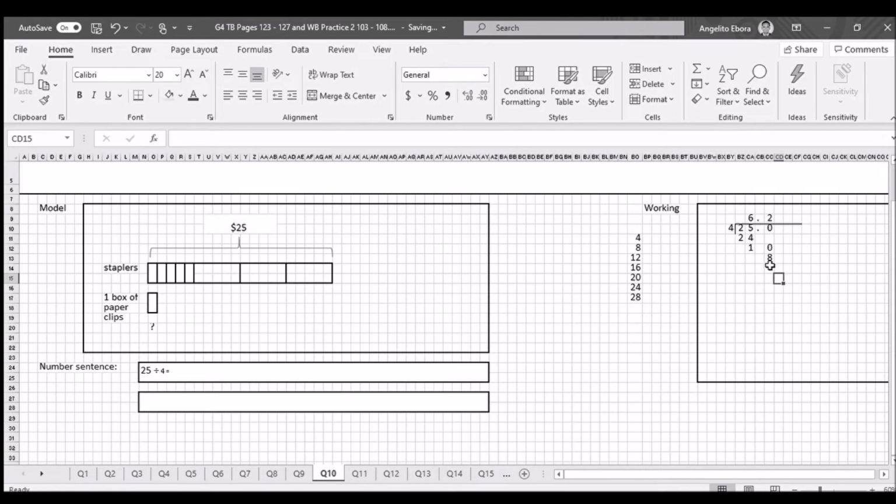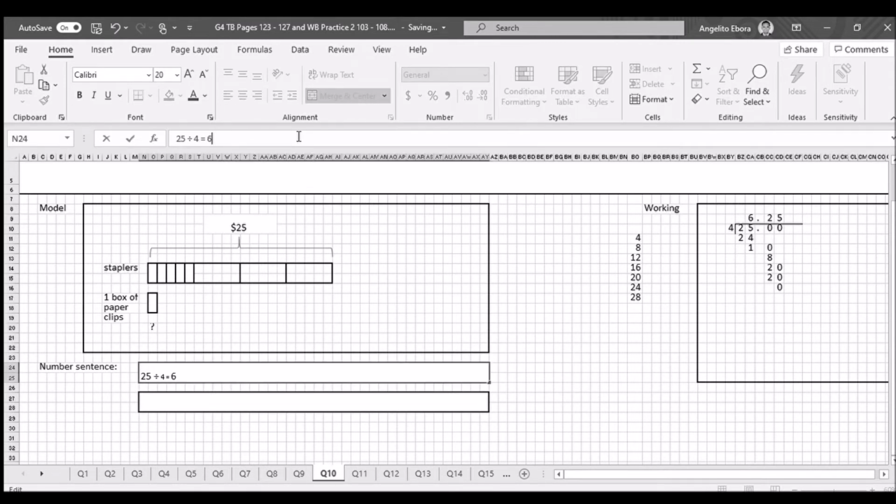Then subtract 10 minus 8 is 2. Don't add 0 again. 20 divided by 4 is 5. So nothing's left. So $6.25. That's the amount of each stapler.